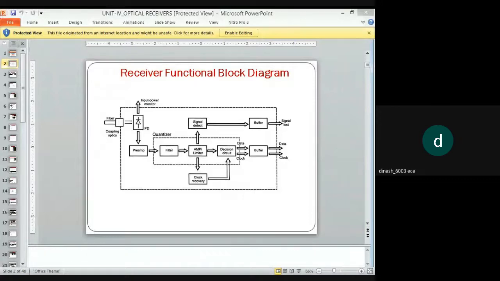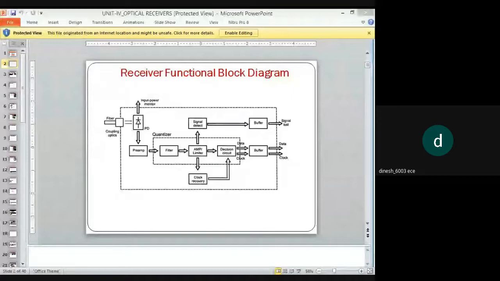An amplifier or limiter is present to detect the signals. Then depending on the decision given by the clock, it is being detected and is given to a buffer. And if anything is above the threshold, it is being made as a signal being lost. This is your receiver functional block diagram.